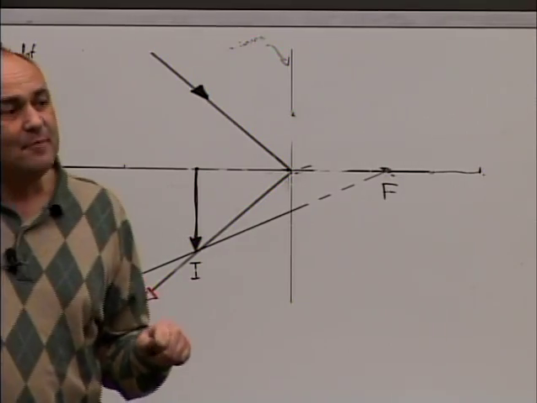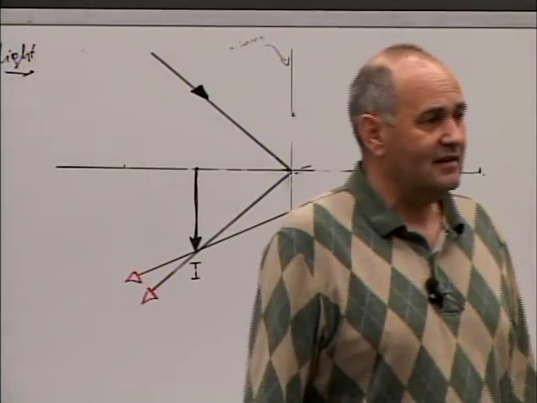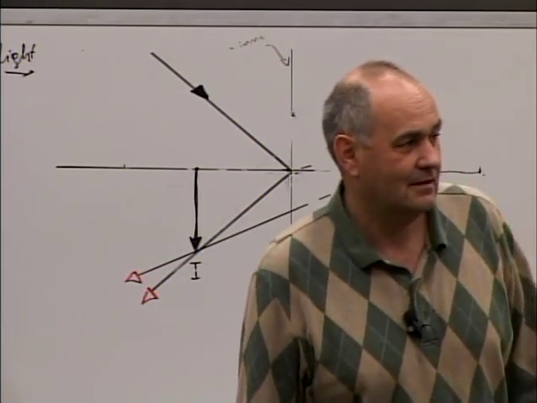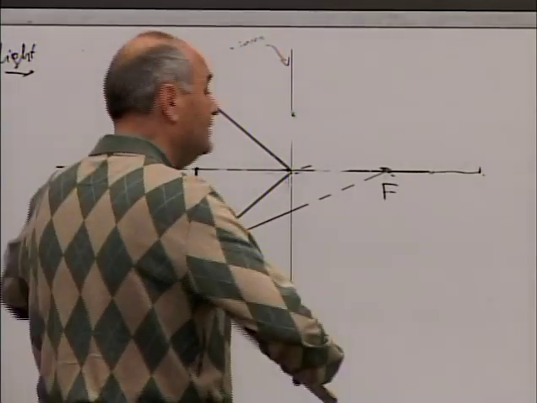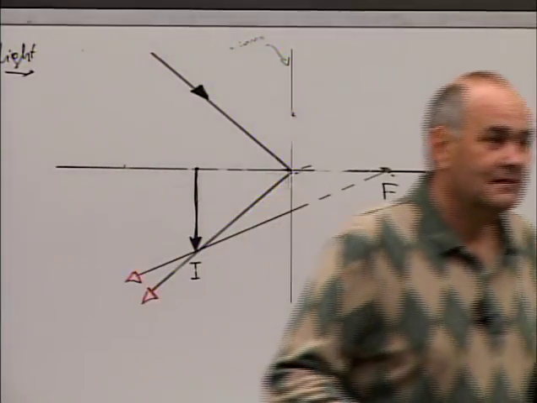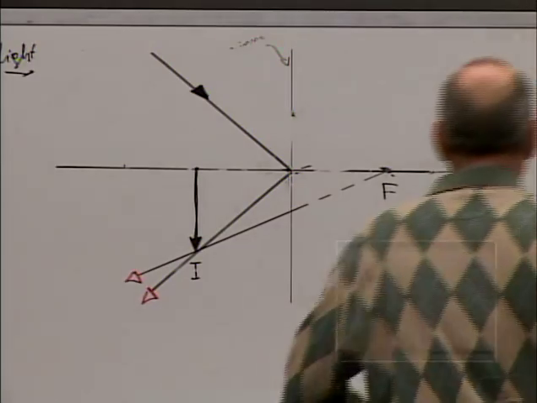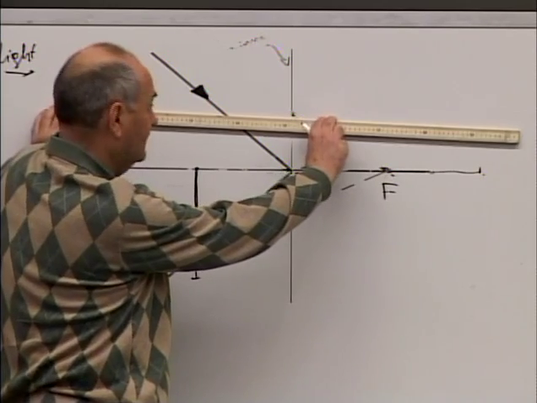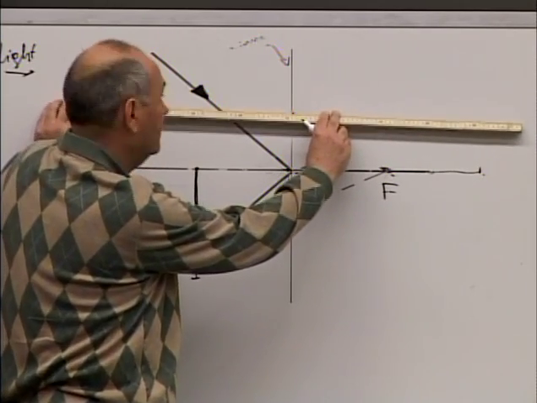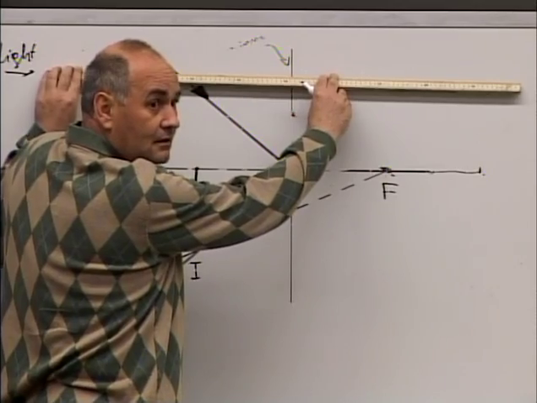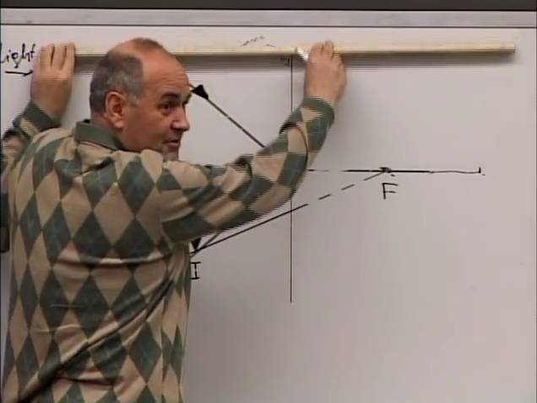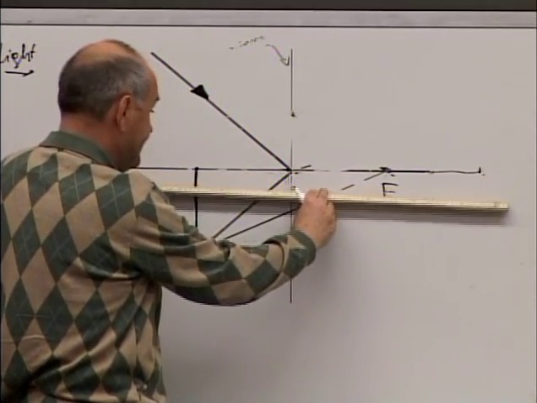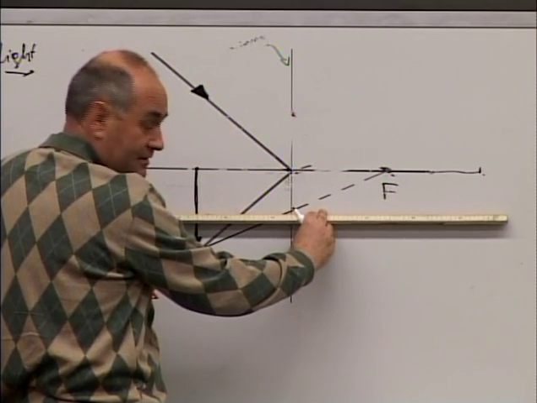So where did that object parallel ray hit the mirror? Where? Here, higher or lower? Robert says lower. Lower. Here.